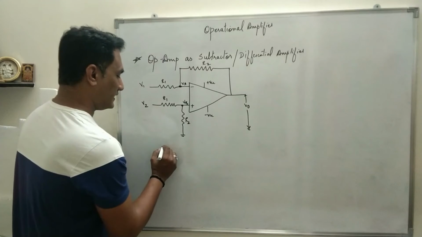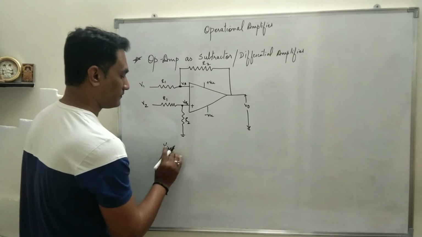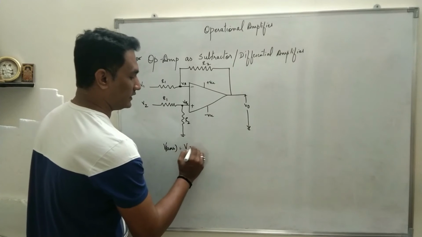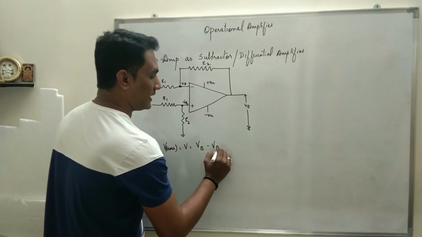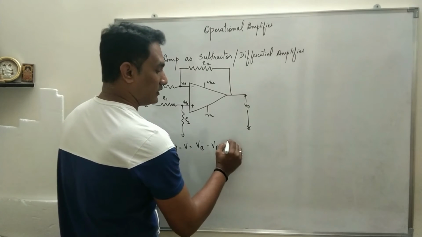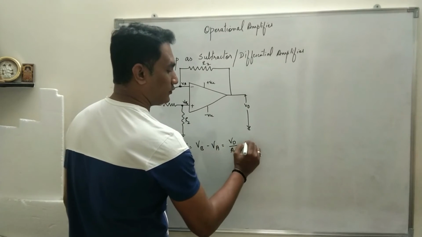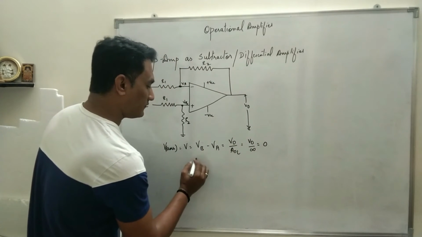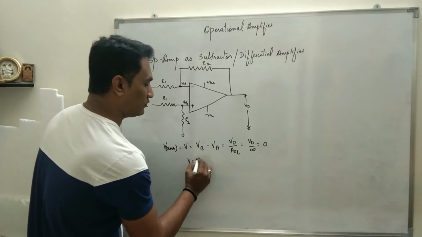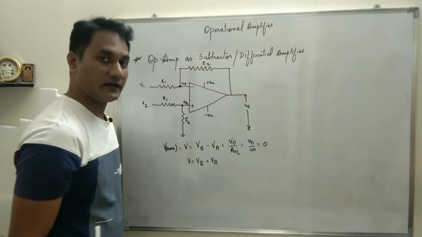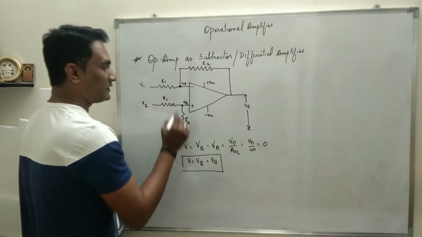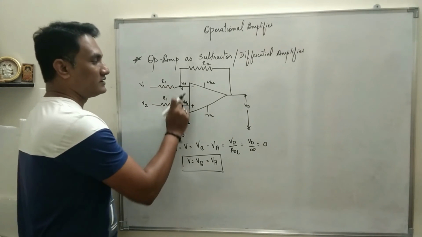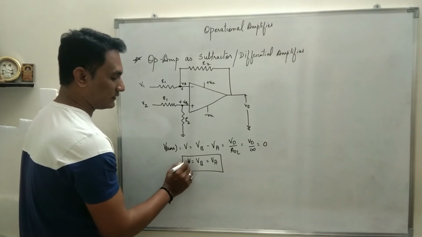So we say V error equals VB minus VA, and that will be output upon AOL, and output upon AOL is infinite, so V0 upon infinite means it will be 0. Or we say V is equal to VB is equal to VA. We can conclude this. So the potential at this point is V, both at equipotential, and therefore we consider that voltage to be V.